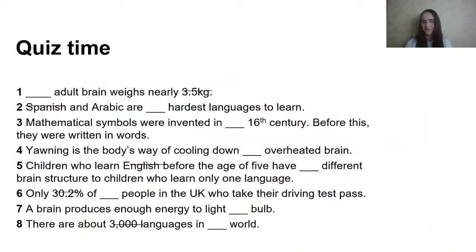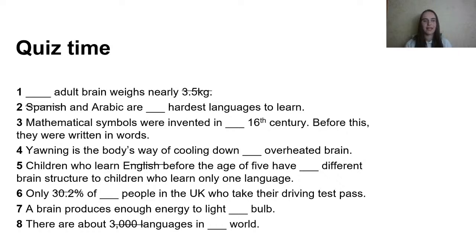Well done, good. So one more thing for you concerning the articles is the quiz. I prepared this quiz for you. First of all, think of the articles that you have to use in each situation here. After completing the gaps with the articles, we're going to see the right answers because mostly everybody had a mistake.